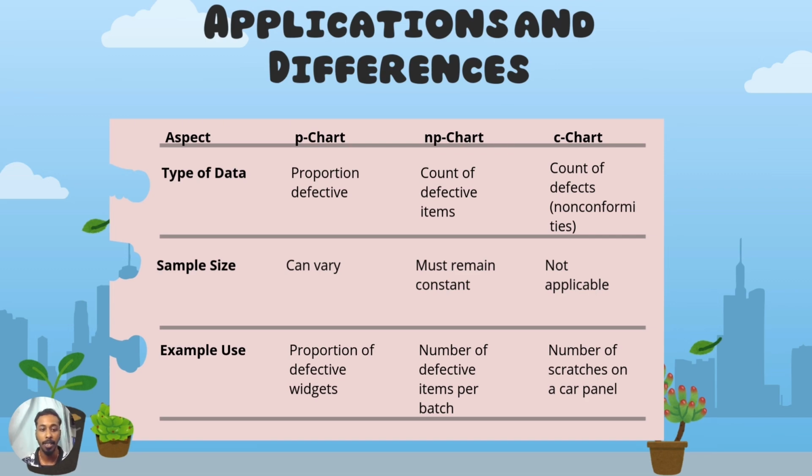For the NP chart, it is the count of defective items and sample size must remain constant. An example use is the number of defective items per batch. For the C chart, the type of data is count of non-conformities and sample size is not applicable. An example use is the number of scratches on a car panel.